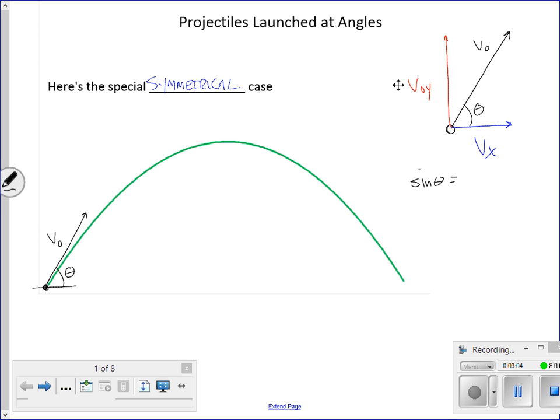If I were to redraw v naught y over here, oh yeah, there's a nice right triangle for us. V naught y is, sine of theta is opposite over hypotenuse, and therefore we can write an expression for the size of the initial vertical component of the velocity like that.